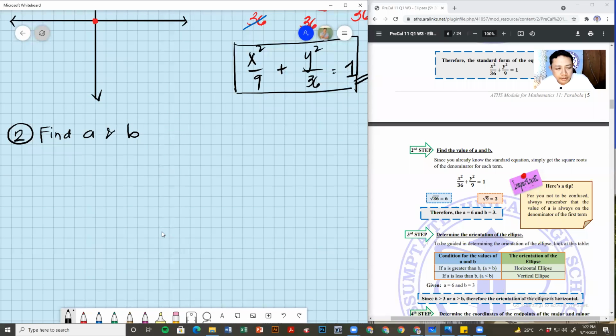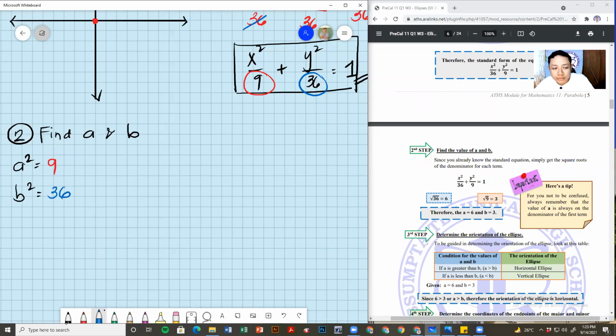A squared is, just like what I told you, the number below the x squared, and that is 9. For our B squared, that is the number below our y squared, and that is 36.